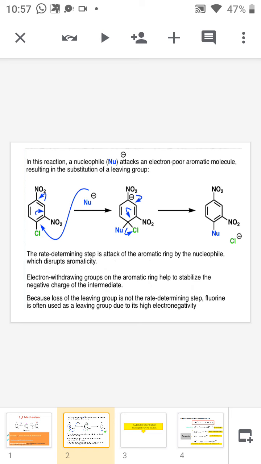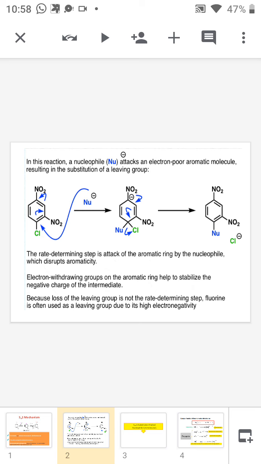And in the first step, a carbanion is generated, and this carbanion is stabilized by the electron withdrawing NO2 group. So the rate determining step is the attack on the aromatic ring by a nucleophile, which disturbs the aromaticity of the ring, and the electron withdrawing groups on the ring help to stabilize the negative charge of the intermediate.